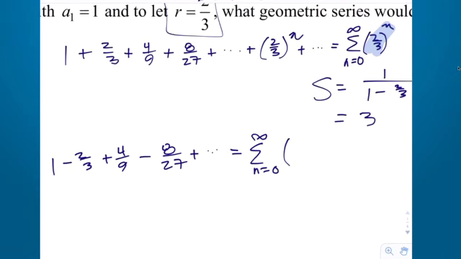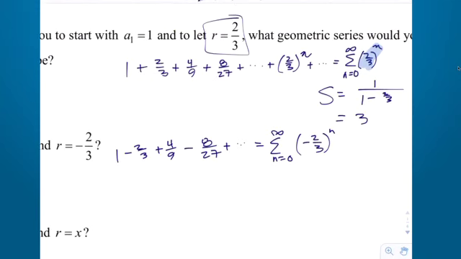The sum from n equals 0 to infinity of negative 2/3 to the n. But it's also an alternating series, remember? It just so happens that if you have a geometric series with a negative ratio, it will alternate. So this one converges by the alternating series test. Because if you got rid of the alternator, which would be the negative 1 to the n, you're left with 2/3 to the n, which does go to 0 and decreases. But you wouldn't be able to find the sum by the alternating series test. But we can still find the sum of this one.